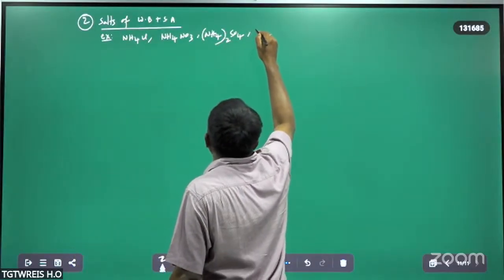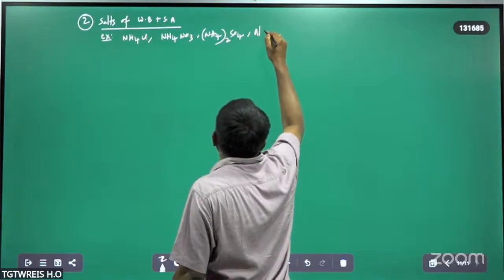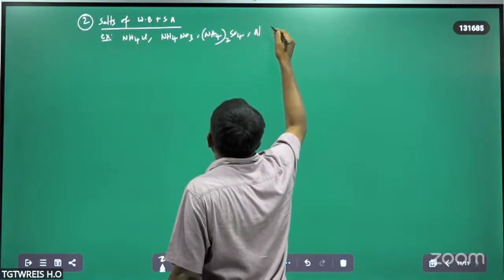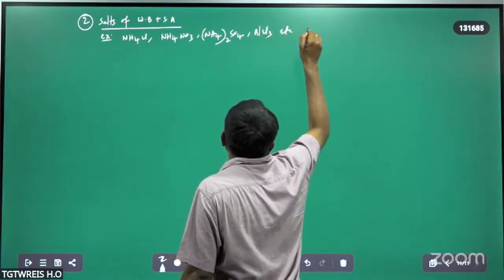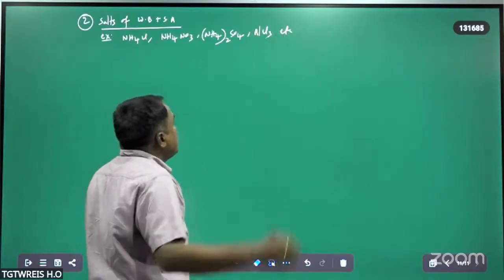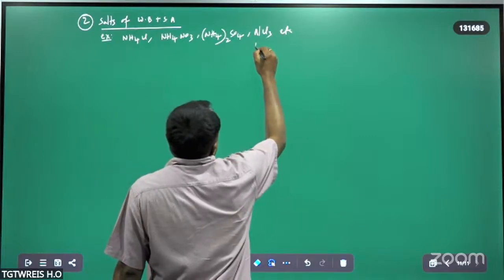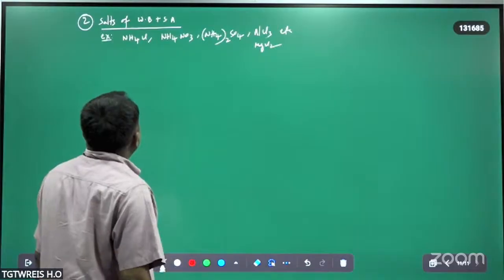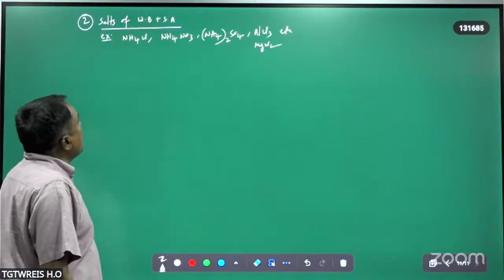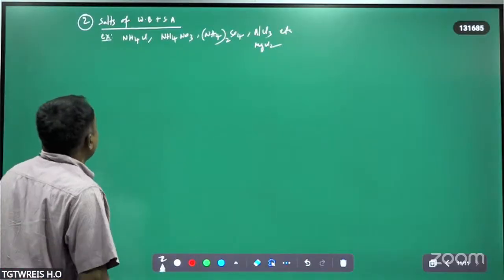Aluminium hydroxide, Al(OH)3, is a weak base and HCl is a strong acid. By combining these, you get AlCl3, MgCl2, etc. These salts belong to salts of weak base and strong acid.